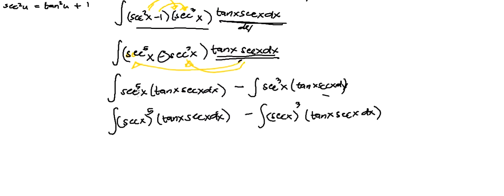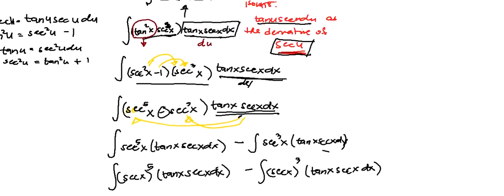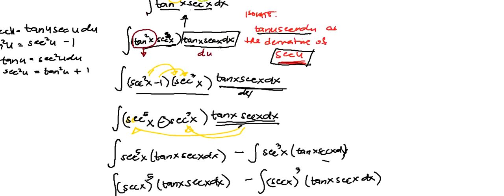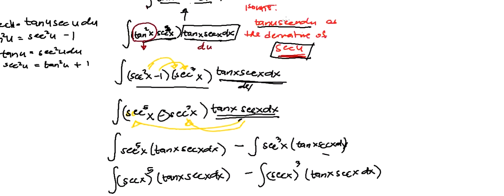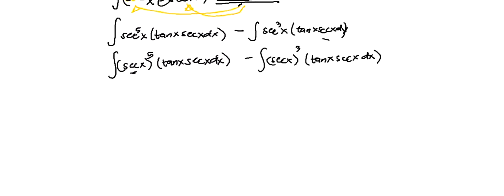Okay, so at this point you can now realize why we isolate this tangent x secant x dx as the derivative of this one, so that we can now apply our power rule.